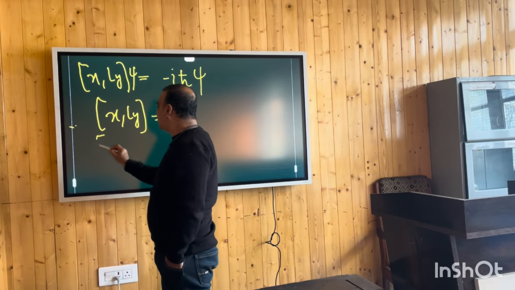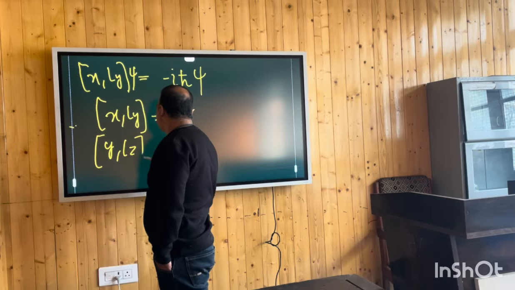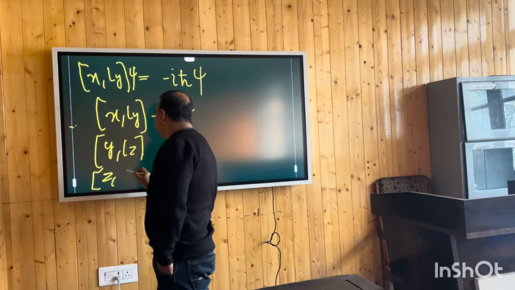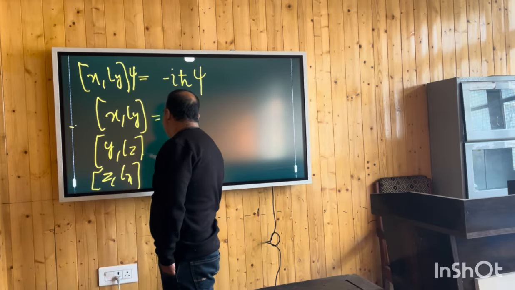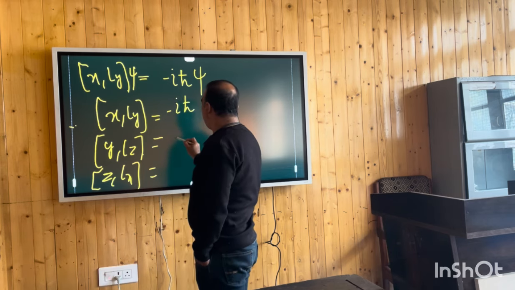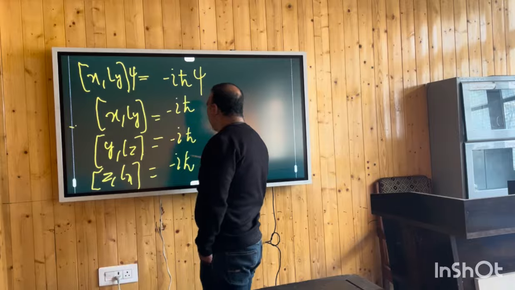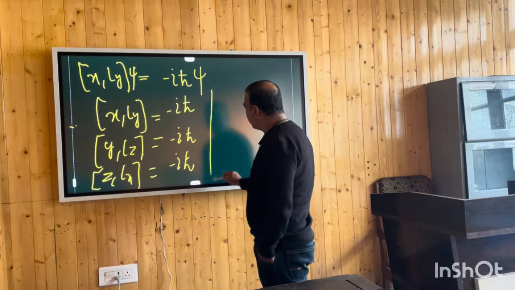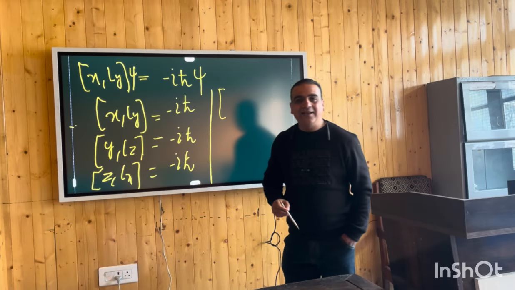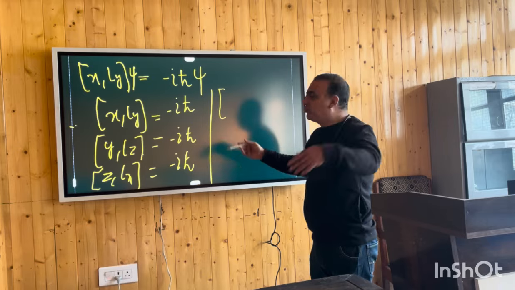And the story will turn same to [y, Lz]. And the story will turn same to [z, Lx]. What you will have here, you will have minus iħ. And if you change the order, if you rightly remember the quantum mechanical box that I have been talking about, you will have a different story.